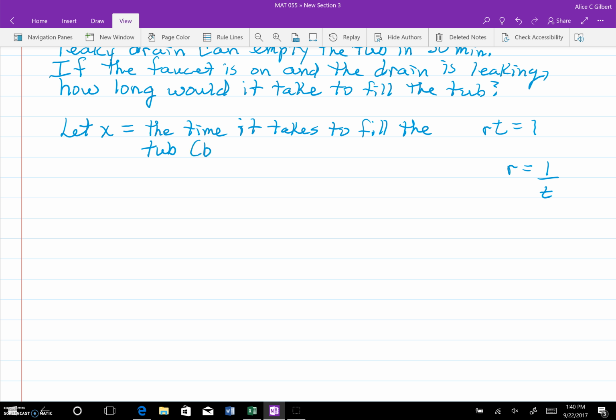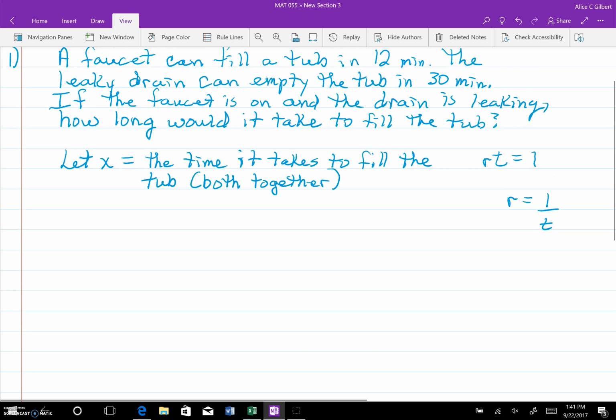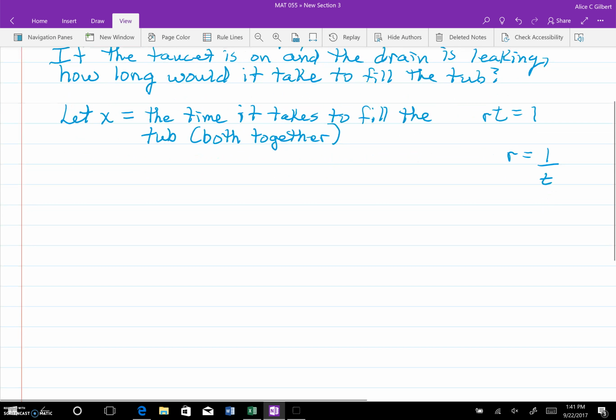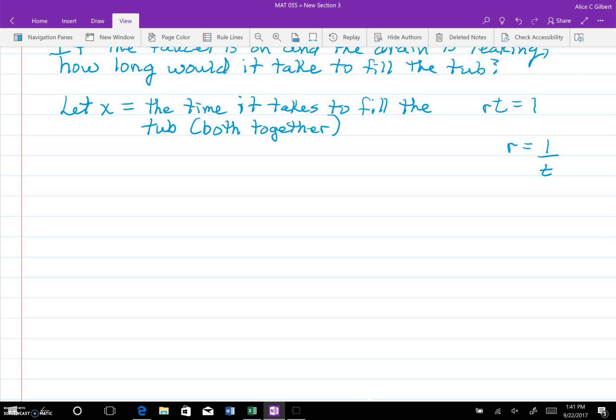And then I'm going to just make a note here that with both together, what that means is that the faucet is on and the drain is open. In other words, it's leaking out as well. So the water's going in and out all at the same time.